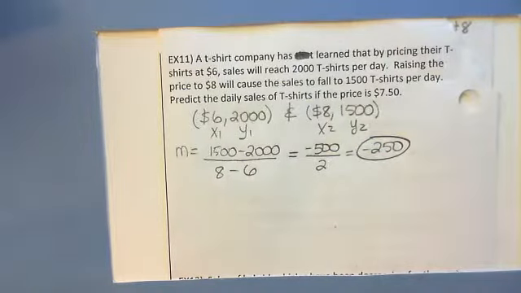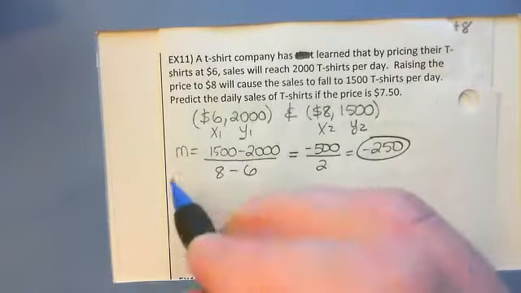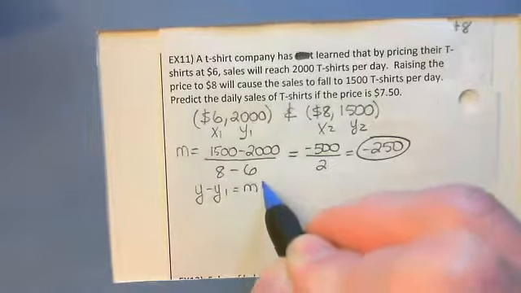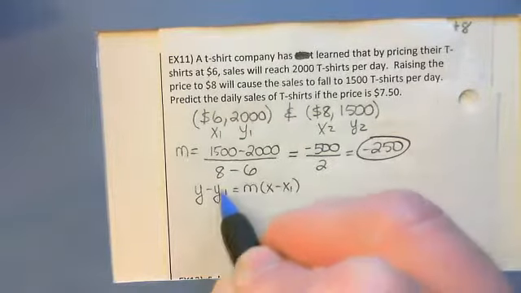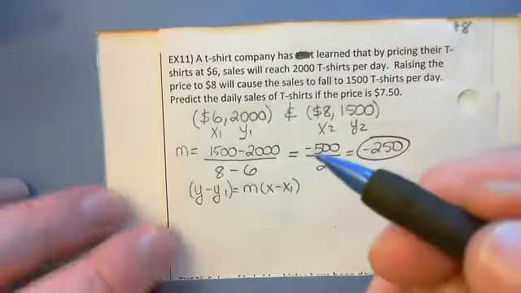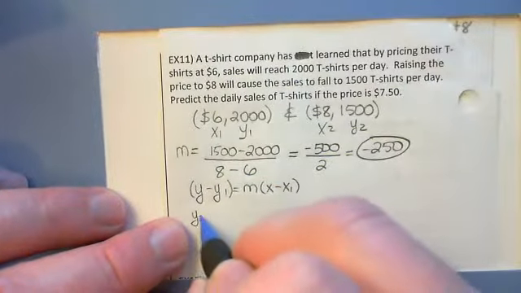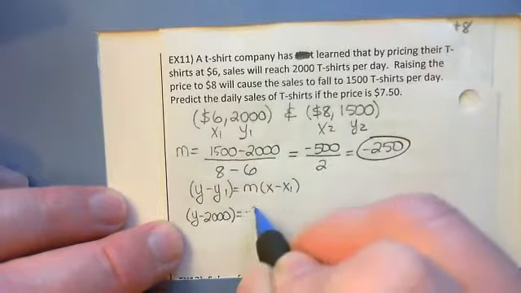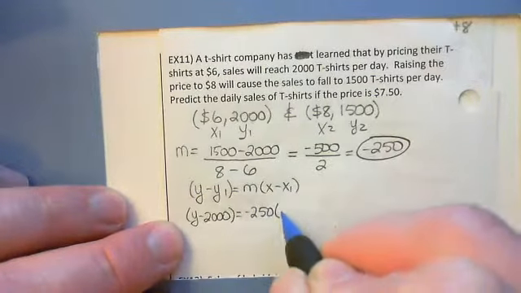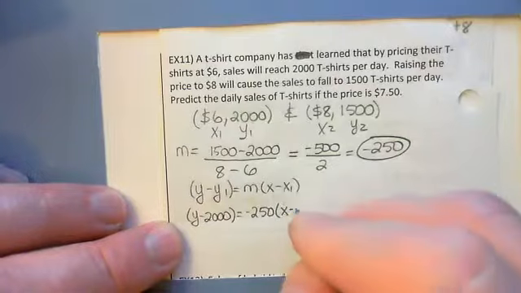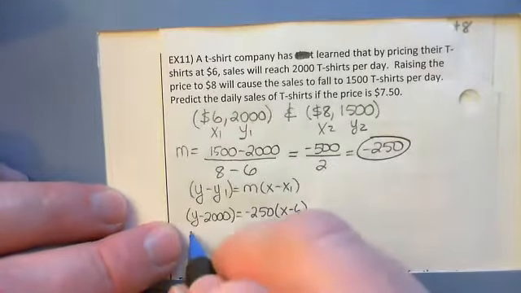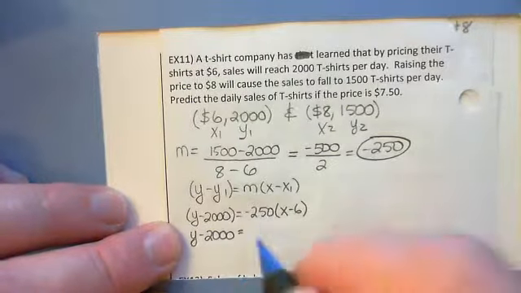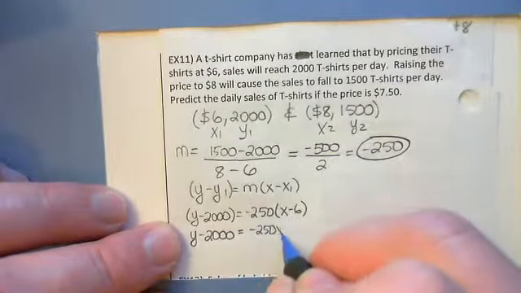Okay. So now let's do our equation. y minus y1 equals m times x minus x1. So y1 will be 2,000, my slope will be negative 250, and my x1 will be 6. So this would be y minus 2,000 equals negative 250x.